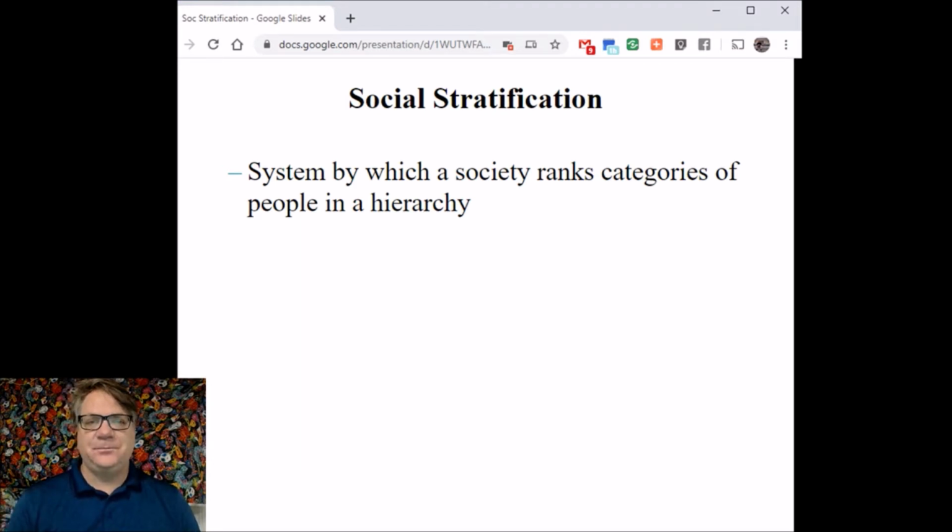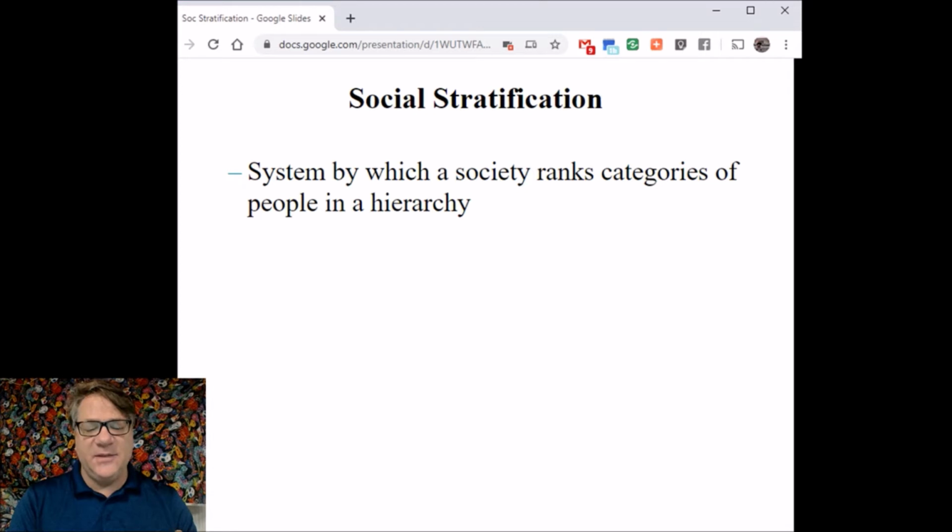There are generally 3 or 4 dimensions of social stratification that we focus on in modern day sociology in the United States: social class, race and ethnicity, gender stratification, and inequality and stratification by sexual identity, sexual preference.